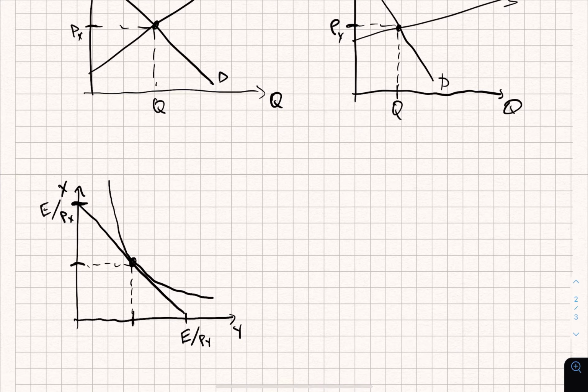We've found the tangency between the budget curve and the indifference curve, giving us the bundle of X and Y.